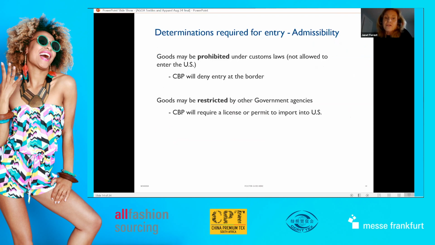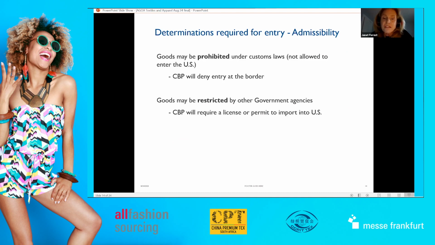The final issue is determining admissibility. Some goods are prohibited, not allowed to enter the US at all. Many goods are restricted by other government agencies. This includes the Food and Drug Administration, US Department of Agriculture, Environmental Protection Agency.